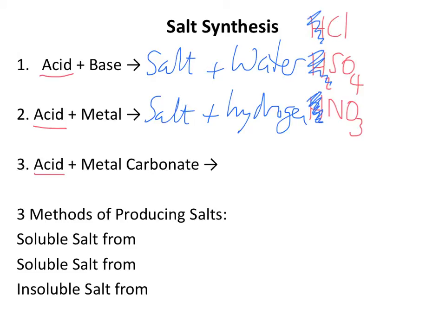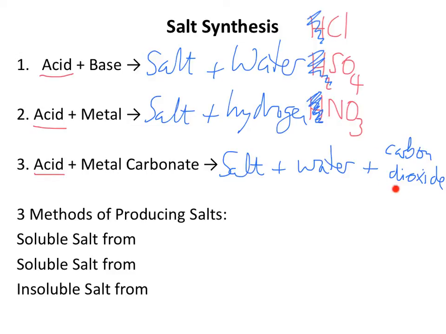And when we react an acid with a metal carbonate, we get salt plus water, and we get bubbles of colourless gas, but this time the colourless gas is carbon dioxide. We could test the carbon dioxide by bubbling it through lime water, and a white precipitate would form in the lime water.